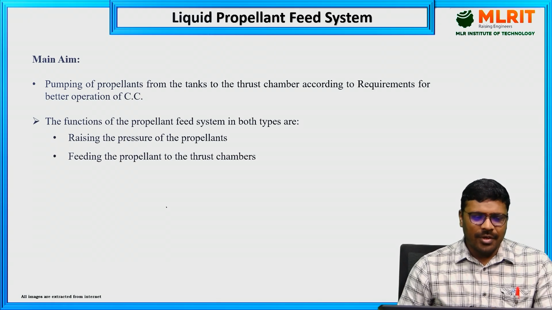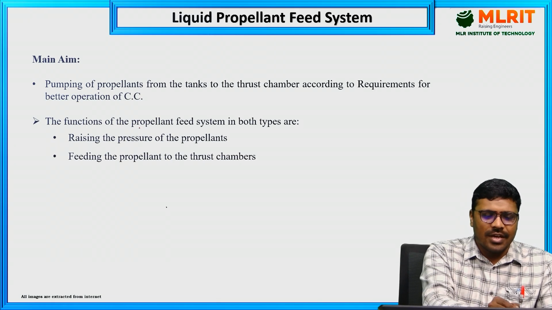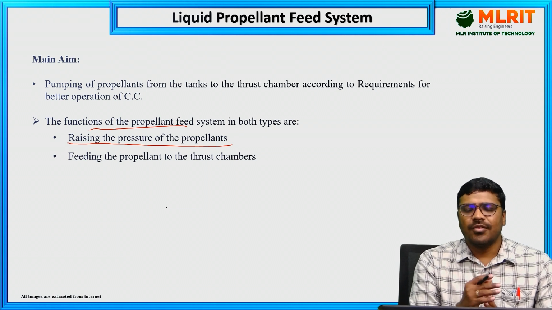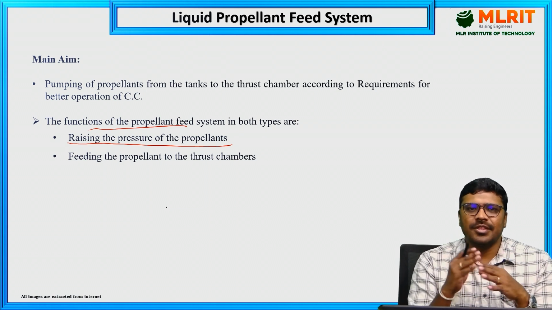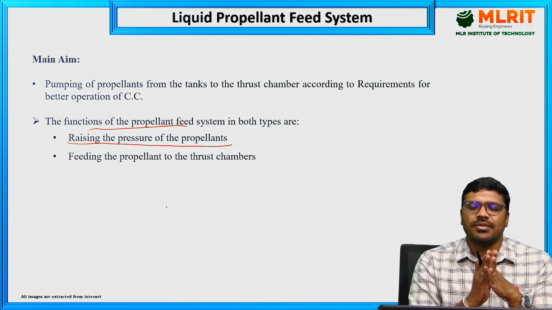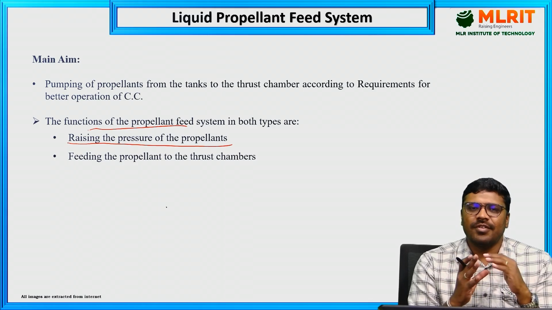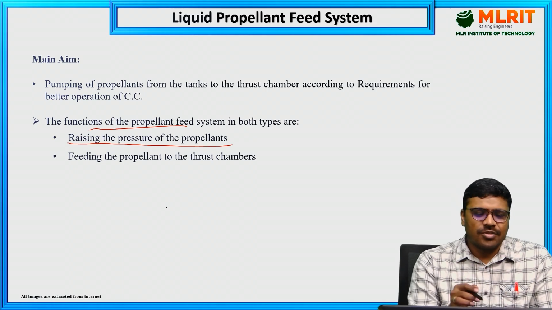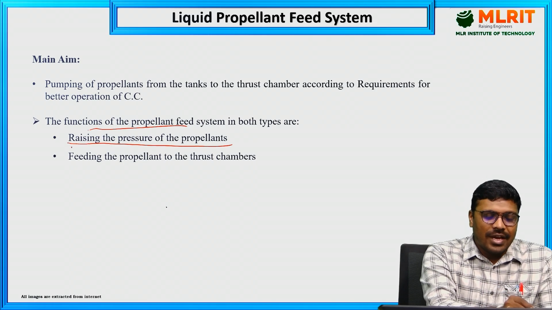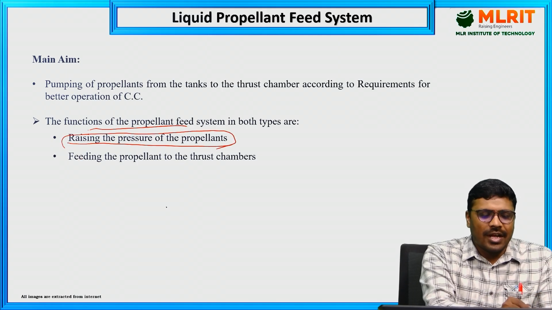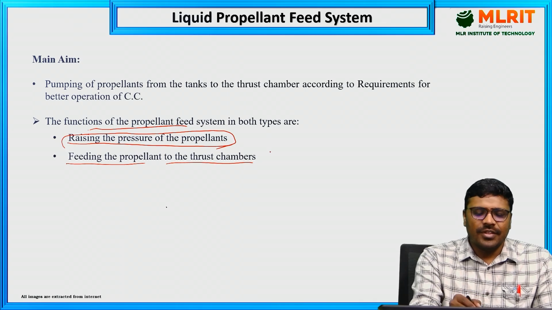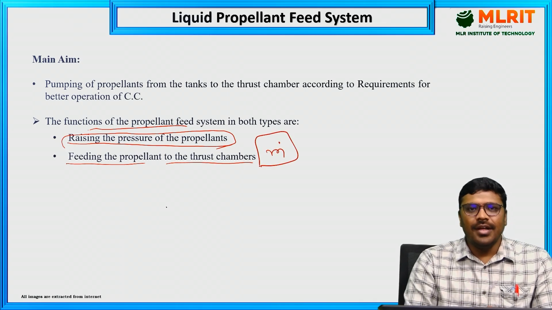Coming to the functions of the propellant feed system, the first is raising the pressure of the propellant according to the requirement. We have to inject the propellant at a particular pressure into the combustion chamber for continuous combustion. Otherwise, if you do not maintain a proper pressure while injecting into the combustion chamber, the process will be affected. That's why the propellant feed system helps raise the pressure of the propellant and feed it to the thrust chamber with the required mass flow rate.